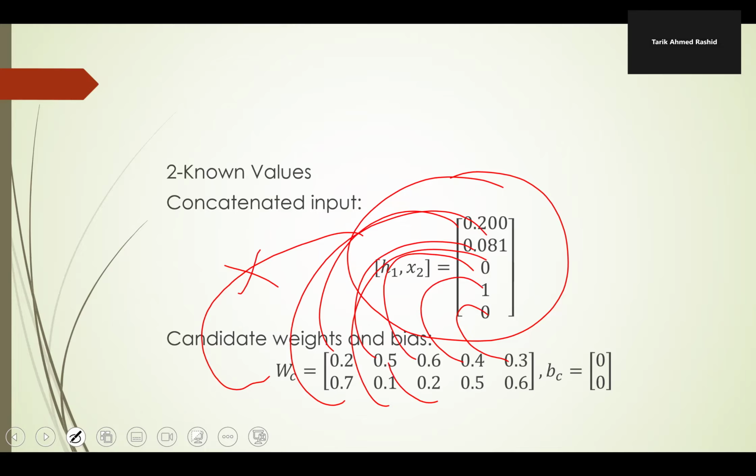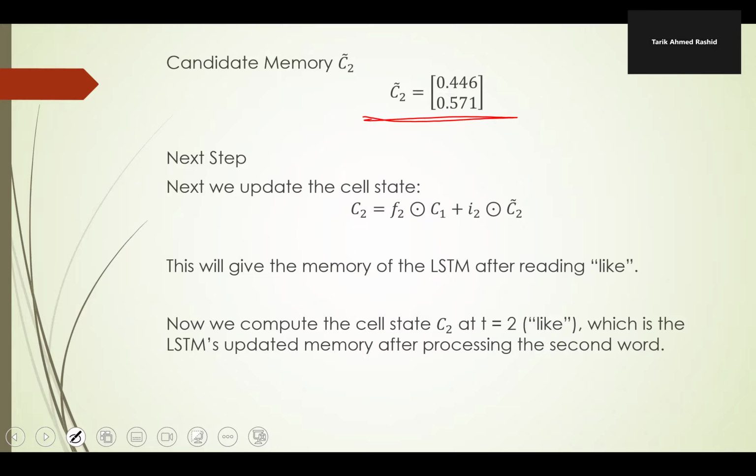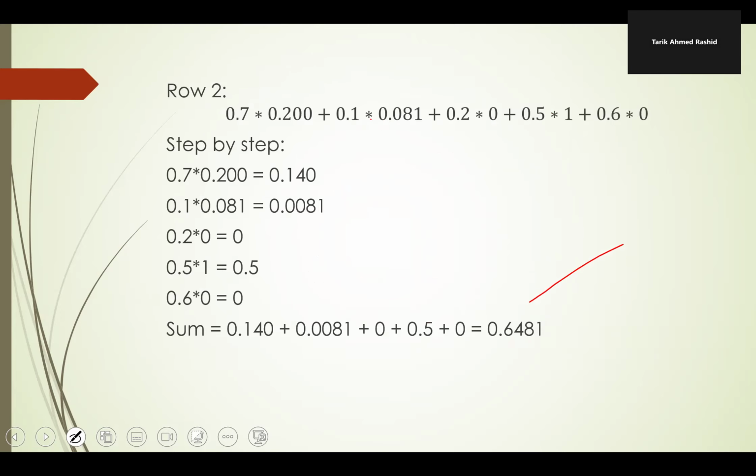Here are the results for row 1, and for row 2 is this one. Then put them under the tanh function. These are the results for neuron 1, and that's for the second neuron. Of course, they were added to the bias, which is 0, 0. Now here we have C2 tilde.